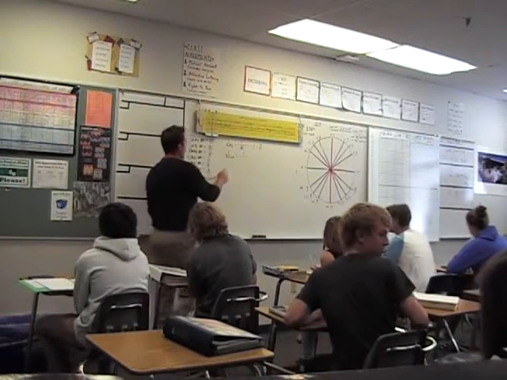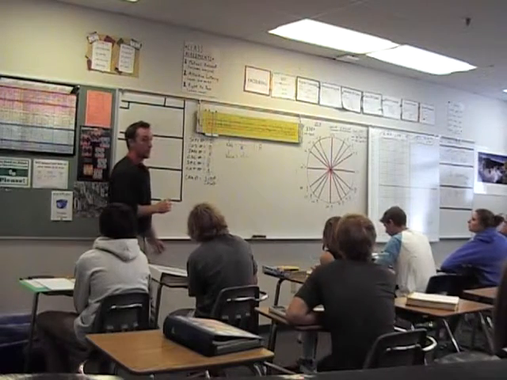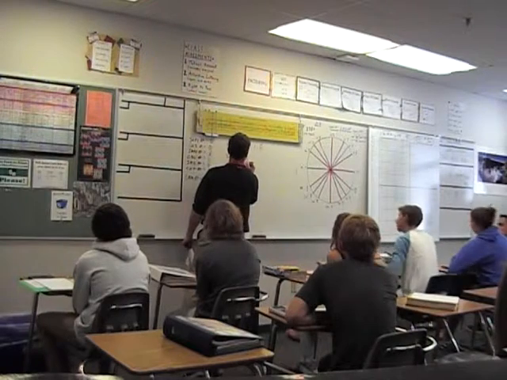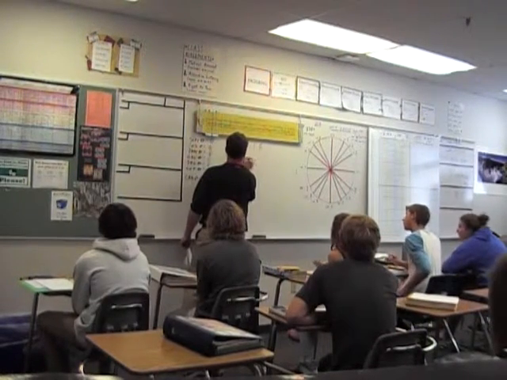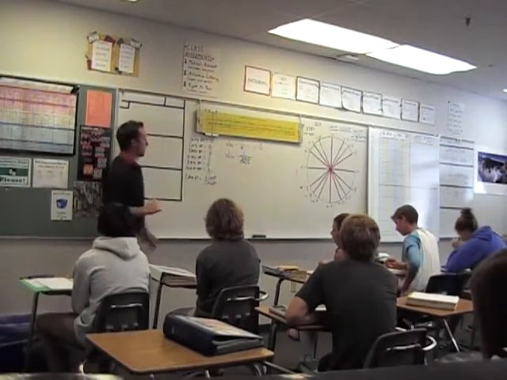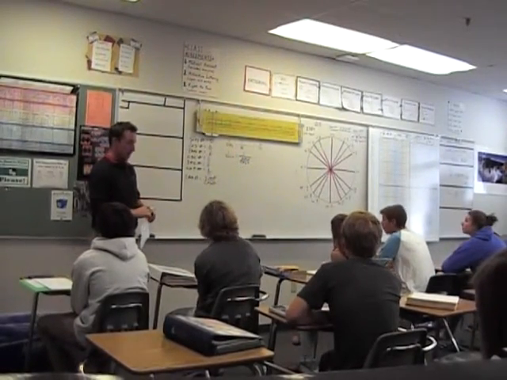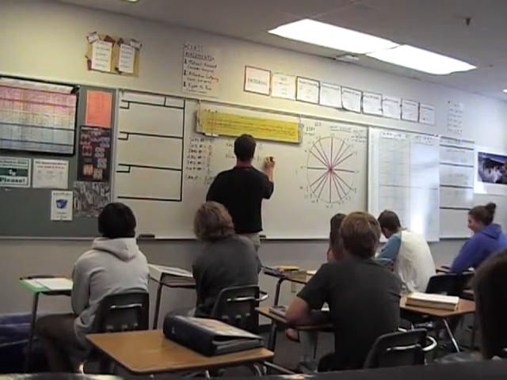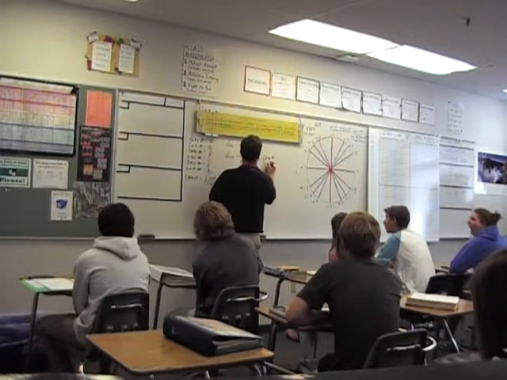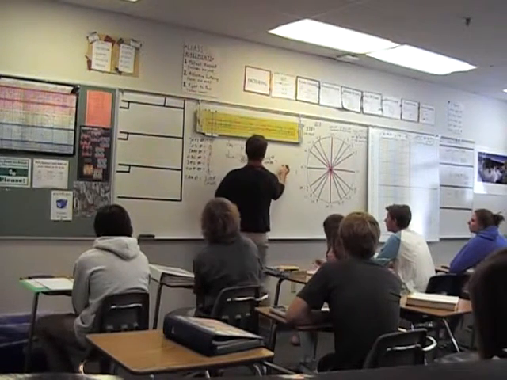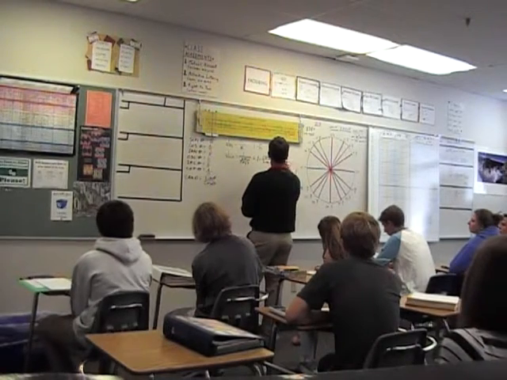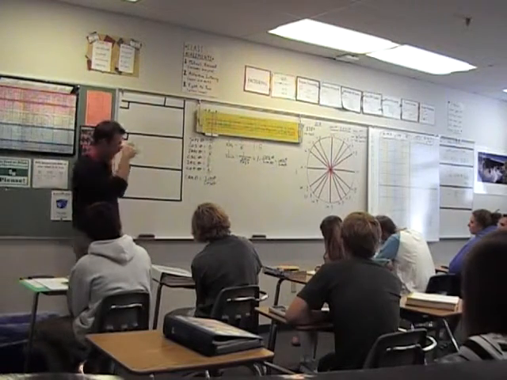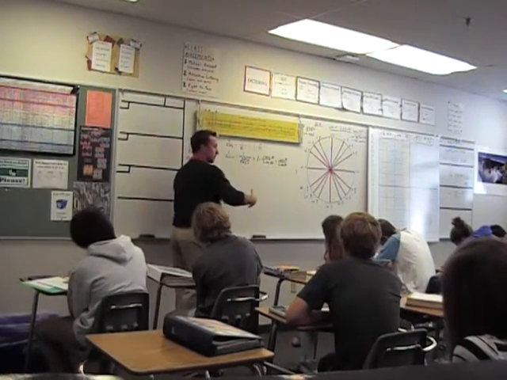So that means that 1 over tangent is equal to 1 over sine theta over cosine theta. We can simplify that by multiplying by the reciprocal, which equals 1 times cosine theta over sine theta, which is just cosine theta over sine theta. 1 times something is that same something, right?